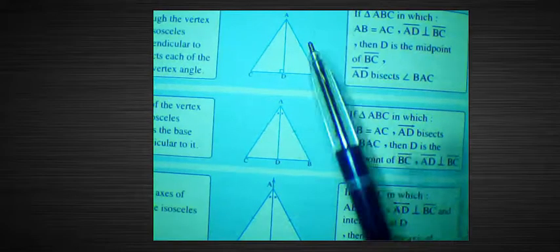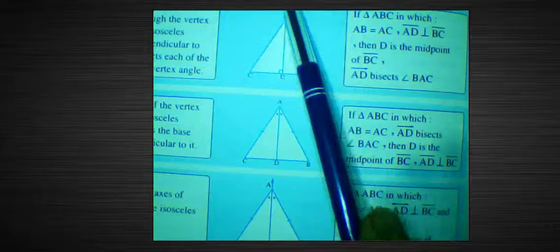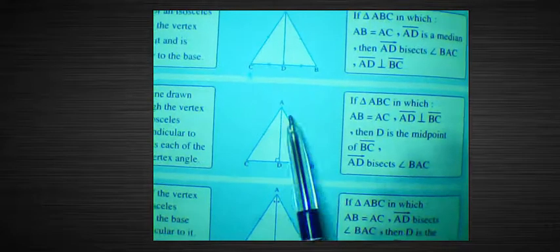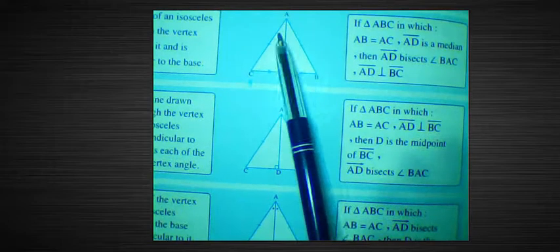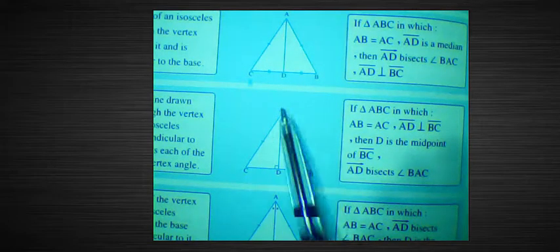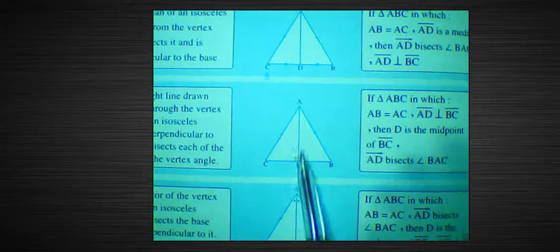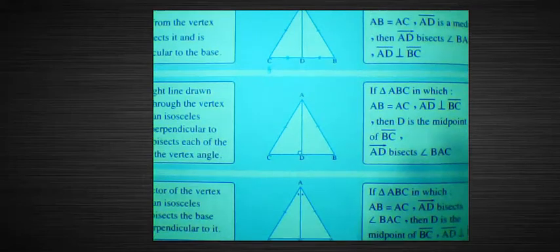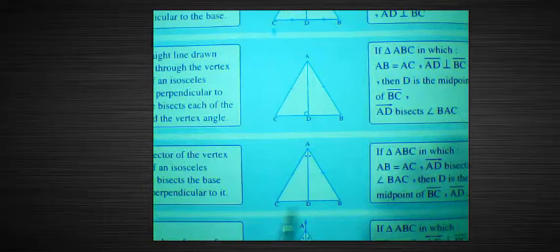أول واحدة لما يبقى عندي perpendicular على البيس بيعمل bisect للفيرتكس and bisect the base اللي عندي. ولو كان عندي the median يا أولاد بيعمل حاجتين، بيعمل bisect للفيرتكس اللي عندي and perpendicular the base. كل ده يا أولاد طبعا في الايسوسيلس triangle. لو كان ال AD perpendicular للبيس بيعمل حاجتين bisect the vertex and bisect the base. ولو كان هو bisect the vertex بيكون bisect the base and perpendicular it.